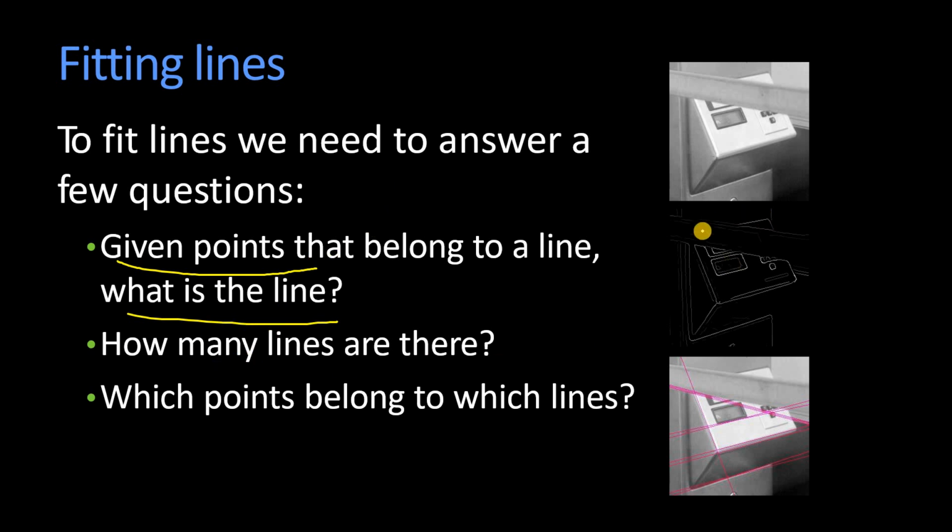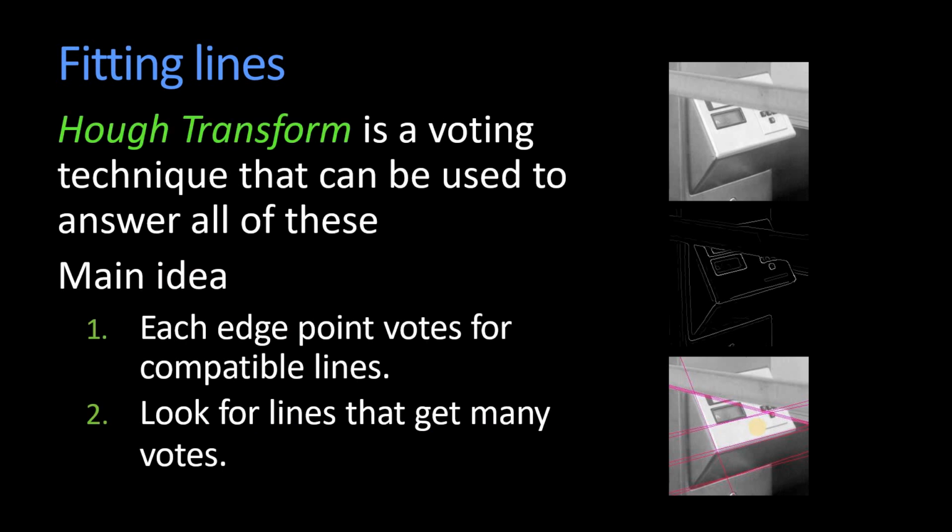Another problem that the voting solves is how many lines there can be in this image. Maybe there are 20 lines or 50 lines, I don't know, but by the voting technique, automatically it will be found out. And the important thing is that each point belongs to which line. The points themselves will decide where they belong to.